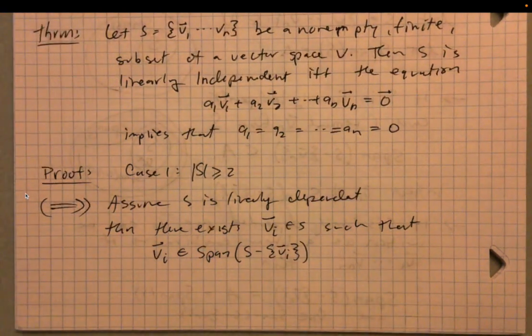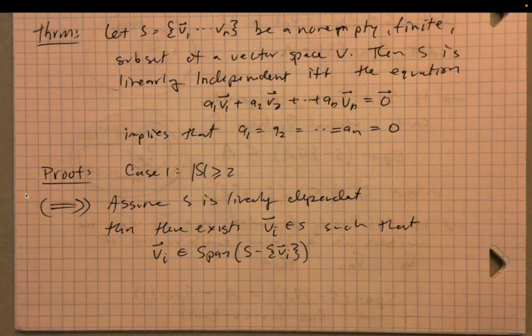That's just the definition we just sort of ran with. One of the vectors in S, call it vi for now, is in the span of S minus vi. It's redundant.